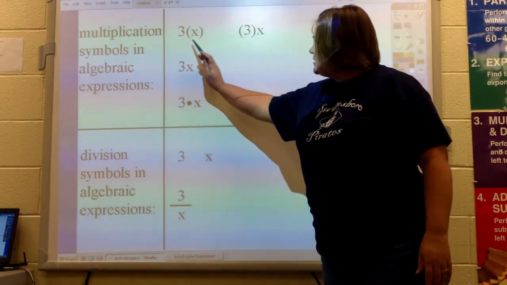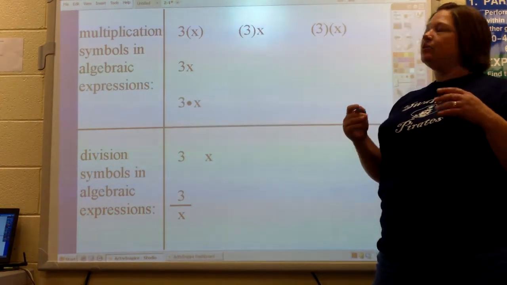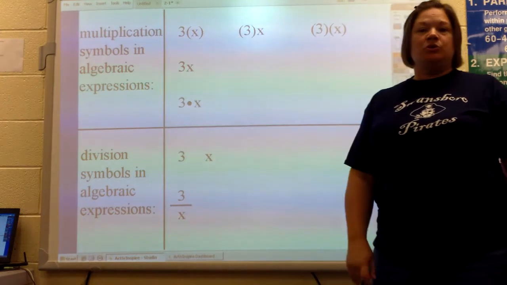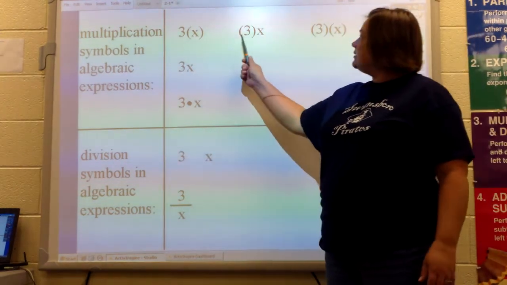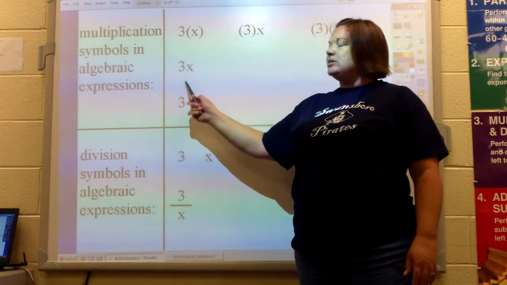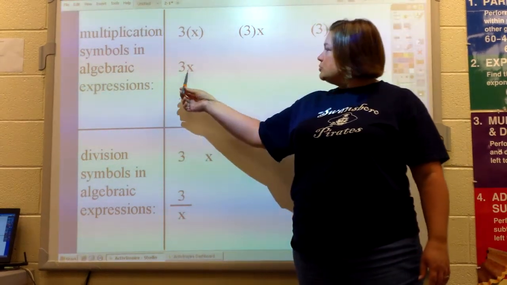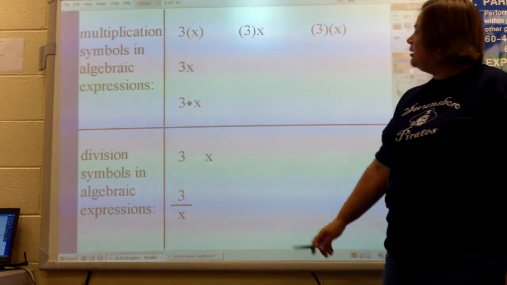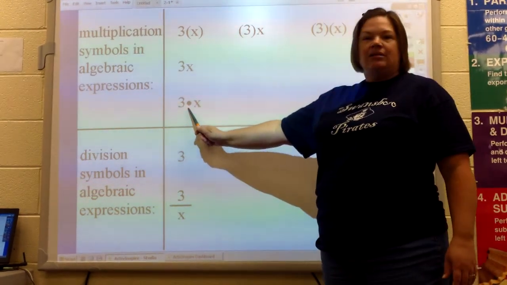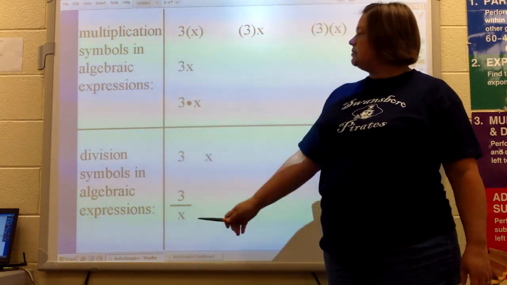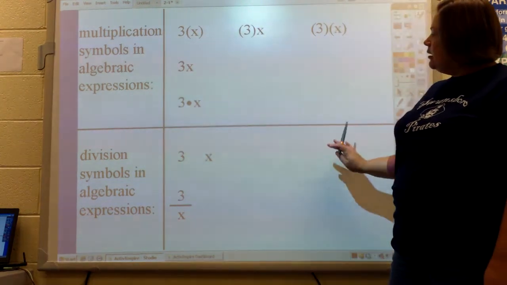So any of these that have parentheses with a letter next to it or a number smushed up next to it, that just means multiply. So we would say 3 times x, 3 times x, 3 times x. Also, if you have no parentheses with just a variable smushed up next to a number, that also indicates multiplication. Also, we have the dot, 3 dot x, that means 3 times x, multiplication.